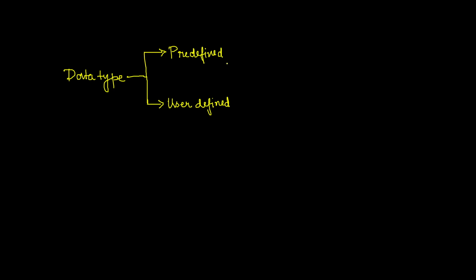But what is an example of user defined? The examples of predefined are int, char, float, and many more. An example of user defined is the one we have already seen, that is structure. Why?